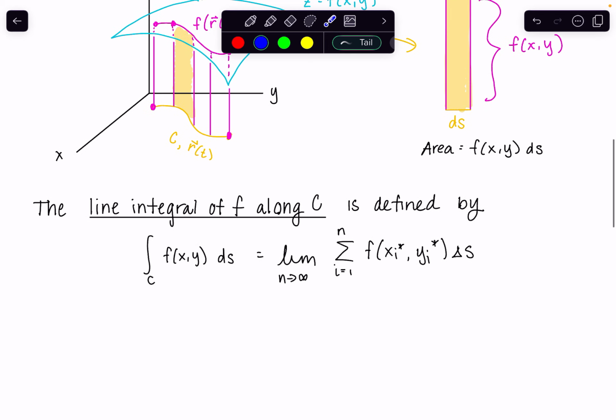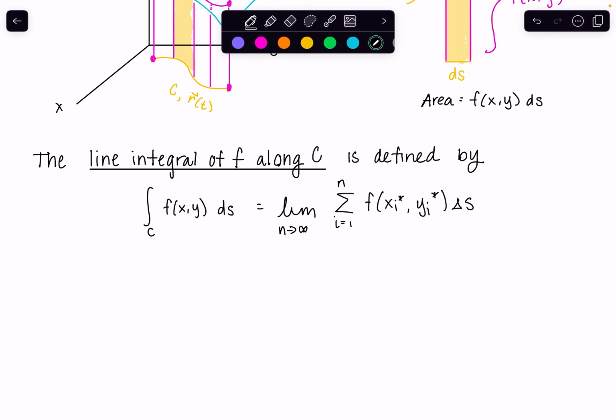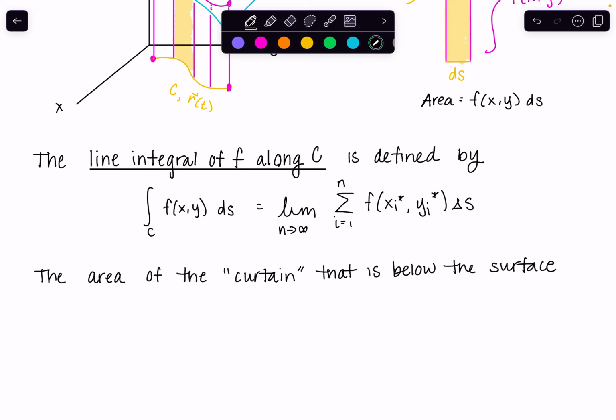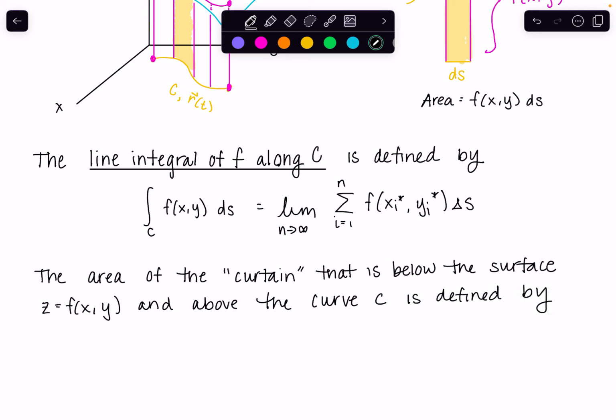Okay. But just in general, the area of the curtain that is below the surface Z, which is that function of x and y, and above the curve C is defined by this line integral.